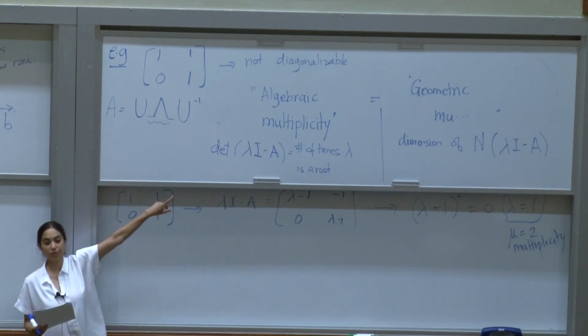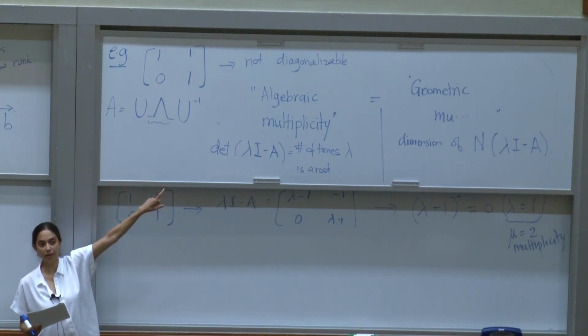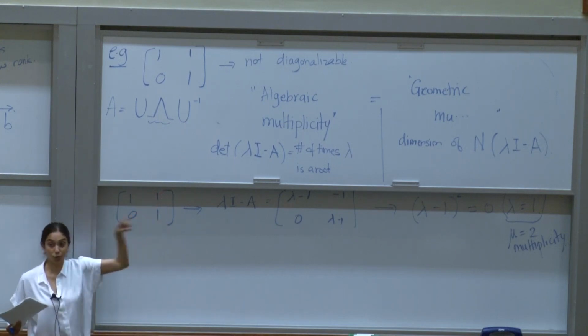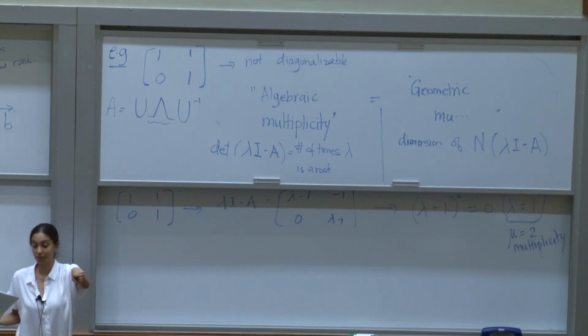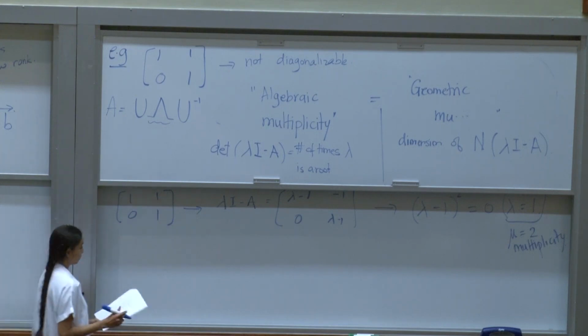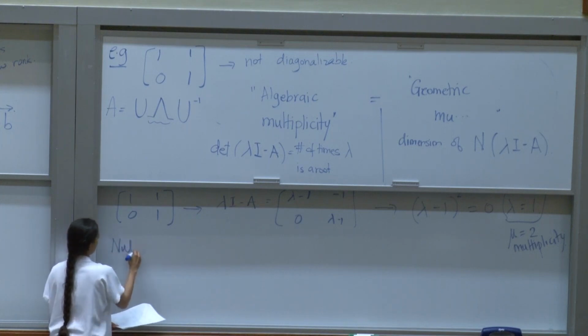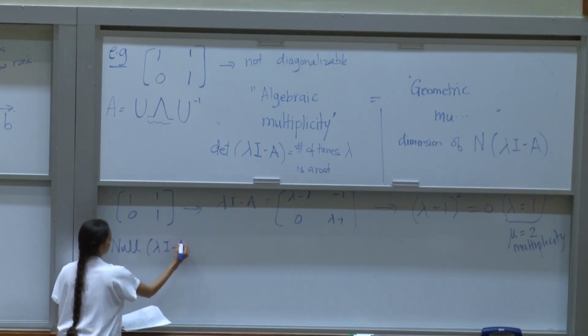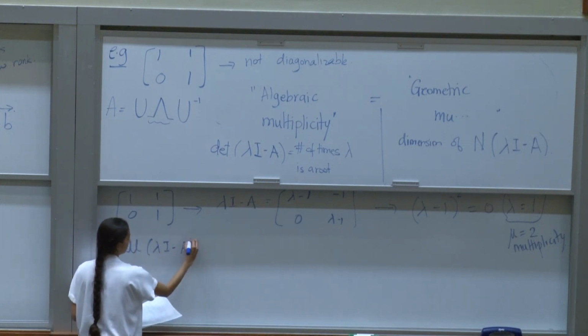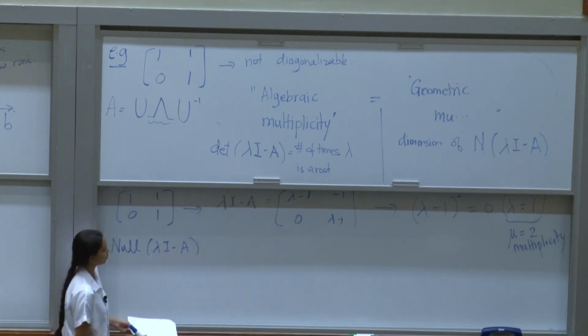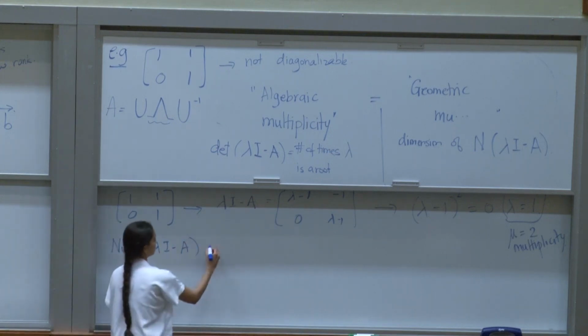Right? Everyone see this? What about the geometric multiplicity? How many people have forgotten how to find a null space? Okay. Everyone who remembers, who didn't raise their hand, teach the person next to you. What is the null space here of lambda I minus A? When lambda is equal to 1, what is this matrix?